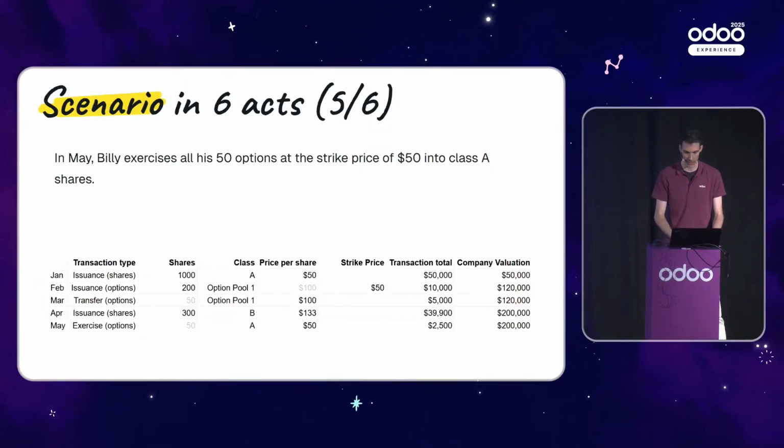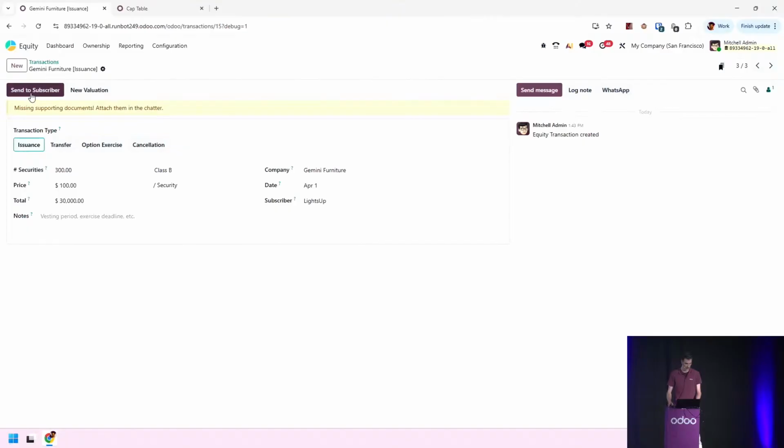And he's going to buy them for $50 even though they are worth $133 at this point. So let's do that. It's going to be an option exercise of his 50 options into Class A shares for $50. So let's do it.